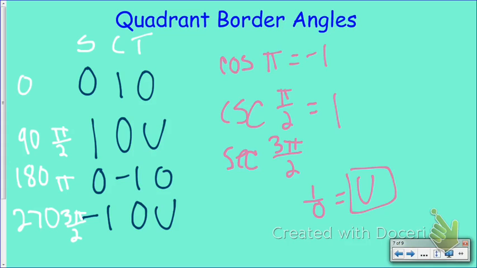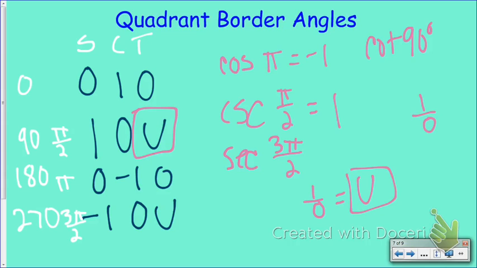Then last, let's say I want to do the cotangent of 90 degrees. Well, I find the tangent of 90, which is undefined. But the problem is I'm doing 1 divided by undefined. The reason we get undefined is because it's 1 divided by 0.